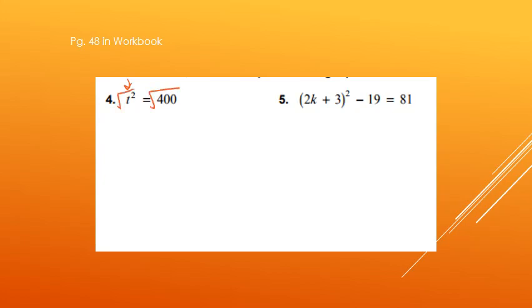What you may not remember, though, is that when you physically square root both sides, we have to assume positive and negative answers. So when your hand writes that square root, your brain has to click and say, oh wait, that's going to be a positive answer and a negative answer. And then we just break down the square root of 400. The square root of 400 is 20, because 20 times 20 is 400.